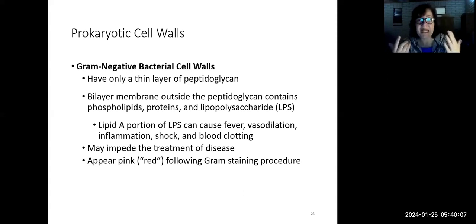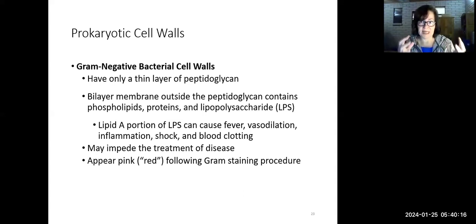Coincidentally, lipid A causes all kinds of symptoms in patients. So when gram-negative bacteria have been growing in the body, as long as that lipid A portion is part of the cell, you just have an infection.